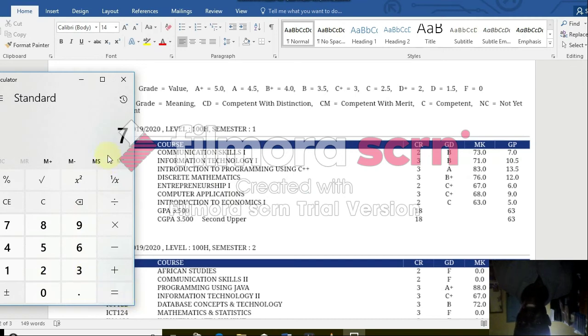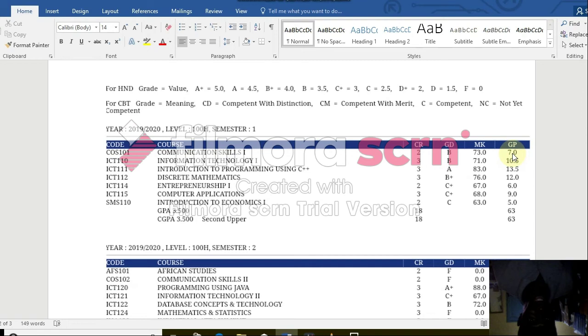The answer is 7. So the grade point for communication skills is 7.